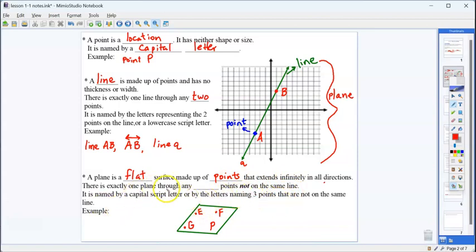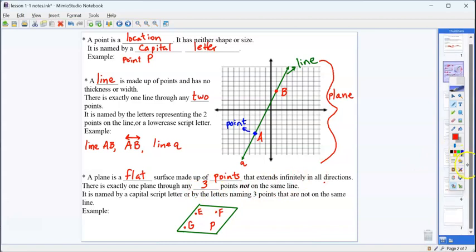There is exactly one plane through any three points not on the same line. We'll talk about this more in just a minute; this would be called non-collinear. So if you want to have a plane, it takes three non-collinear points.